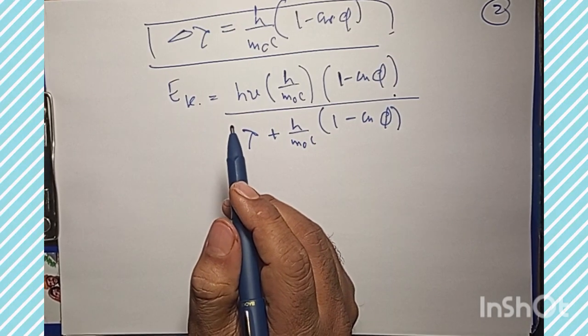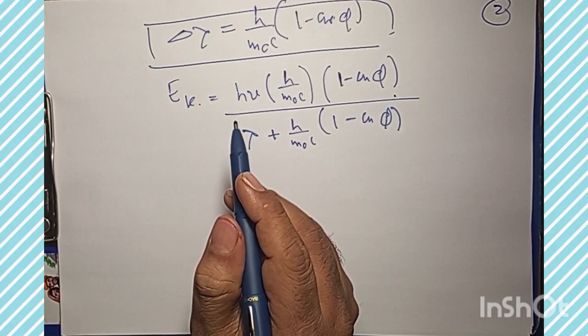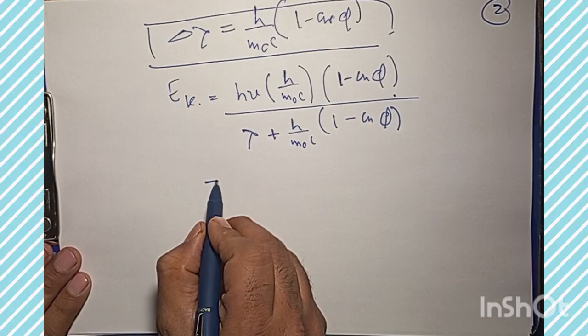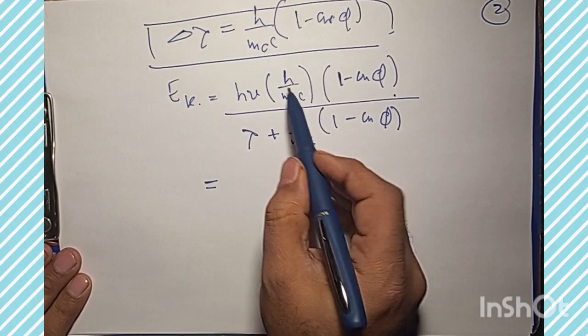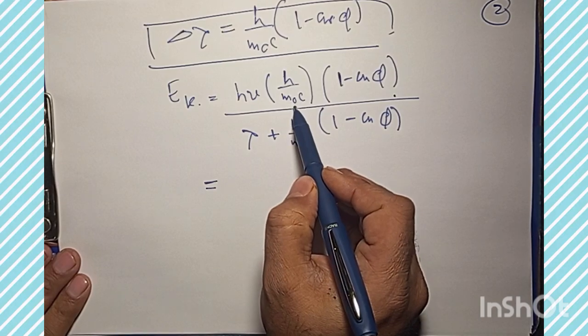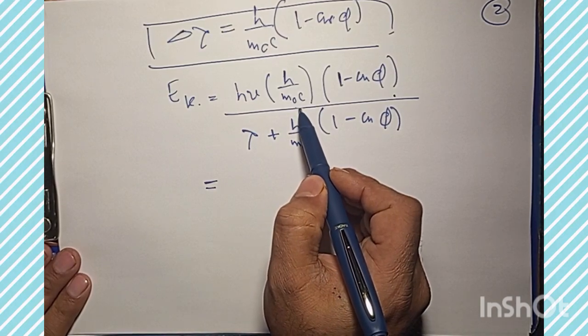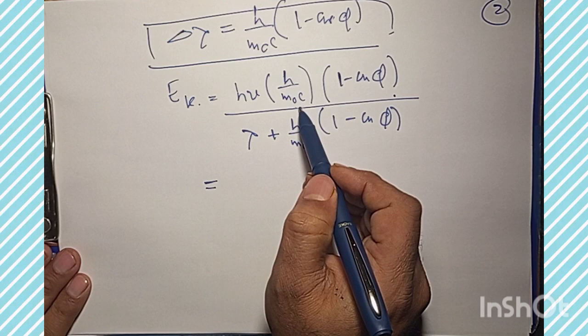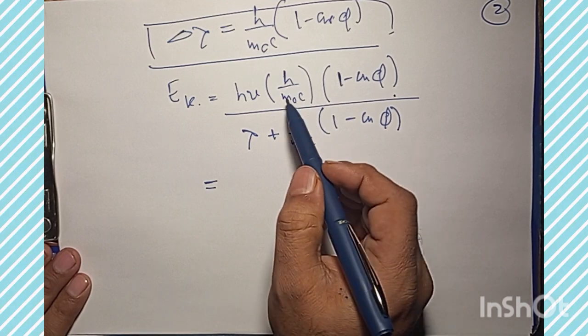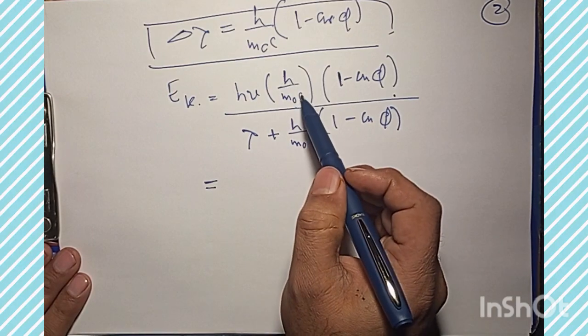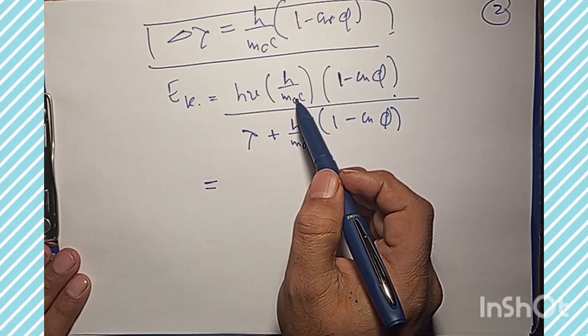From here we can move on. If we rightly remember, this is h nu, and this is h by m naught c, and basically what we have done is we have converted the frequency in terms of lambda.